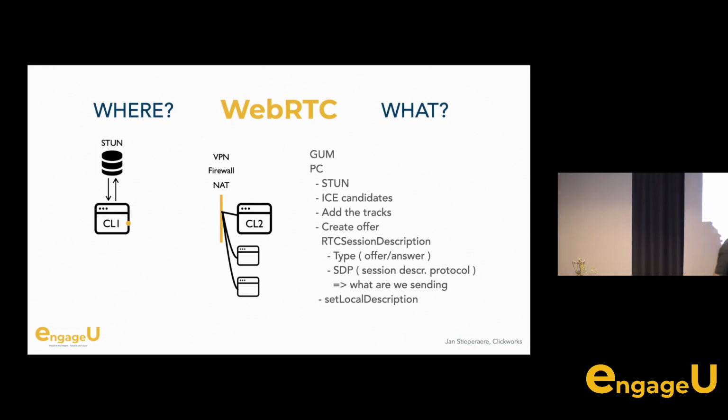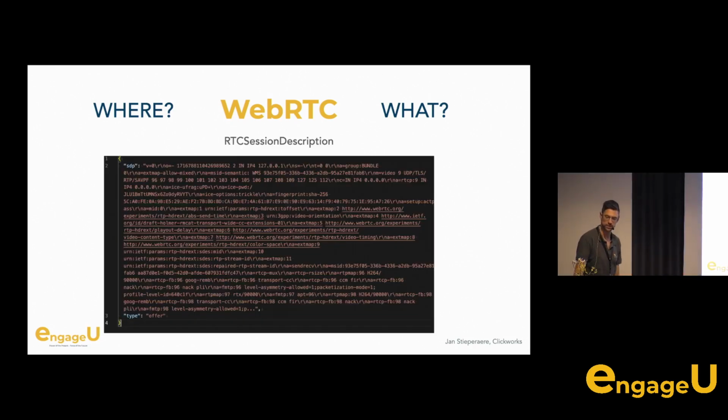Okay, all that stuff we will set in our local description. So the peer connection has a local description. It's actually this information, the type, and our SDP from ourselves. And we will also have the set remote description. Later on, we will put the type and SDP from the other client into the remote description. So that's only what it is about.